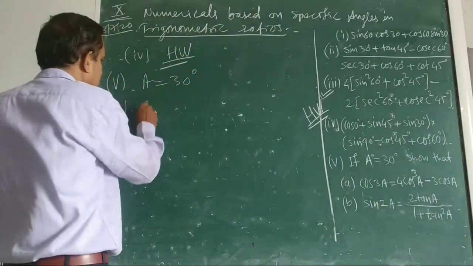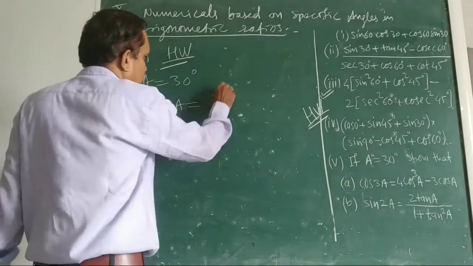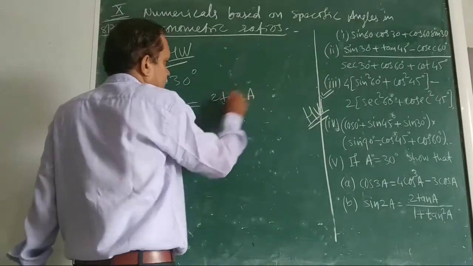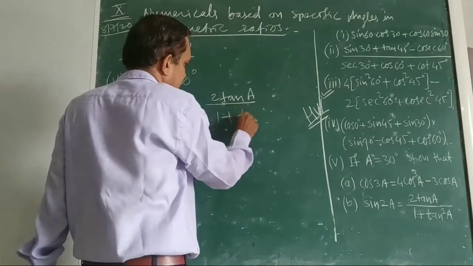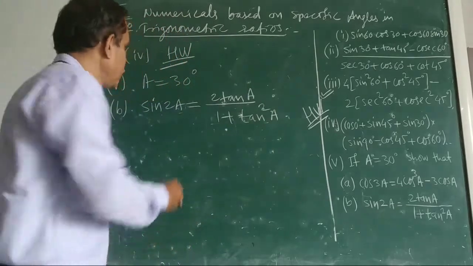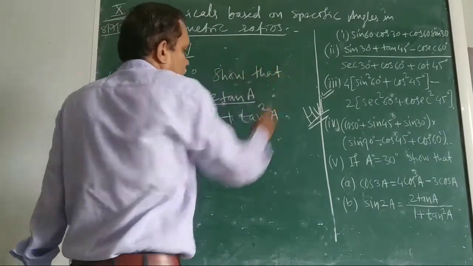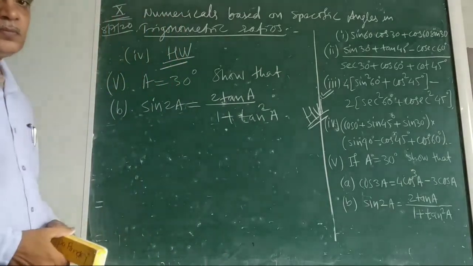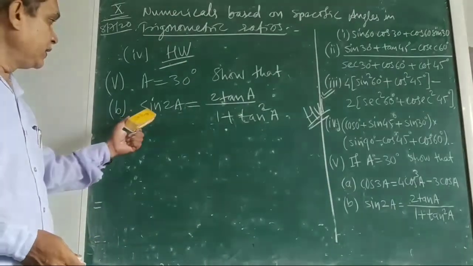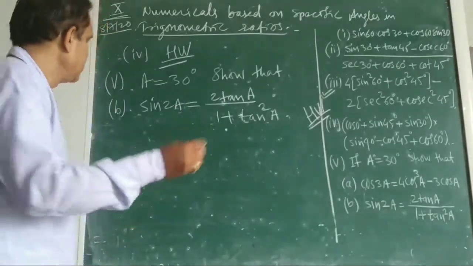Sin 2A equal to 2 tan A upon 1 plus tan square A. You are asked to show. This is show that. So you will take LHS and RHS separately. You will find. Okay. See now.